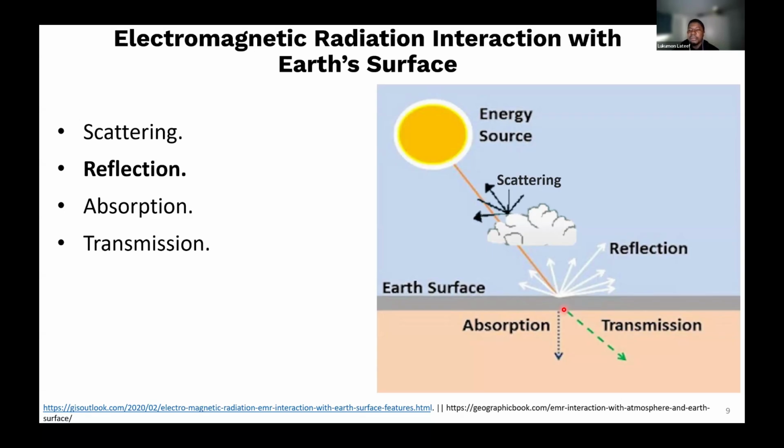So this is called transmission. Or the most common case is the radiation bounces back or is reflected to the atmosphere. And again, in remote sensing, or in satellite images, what we are most concerned about is the reflected energy from the feature.